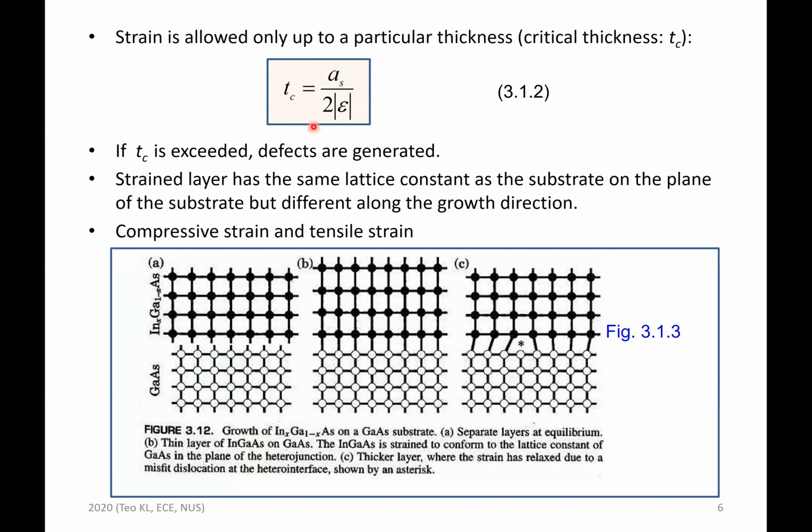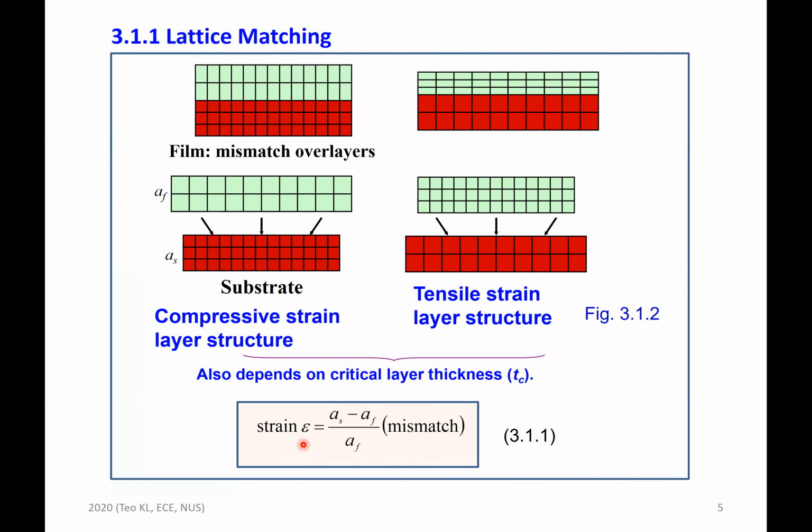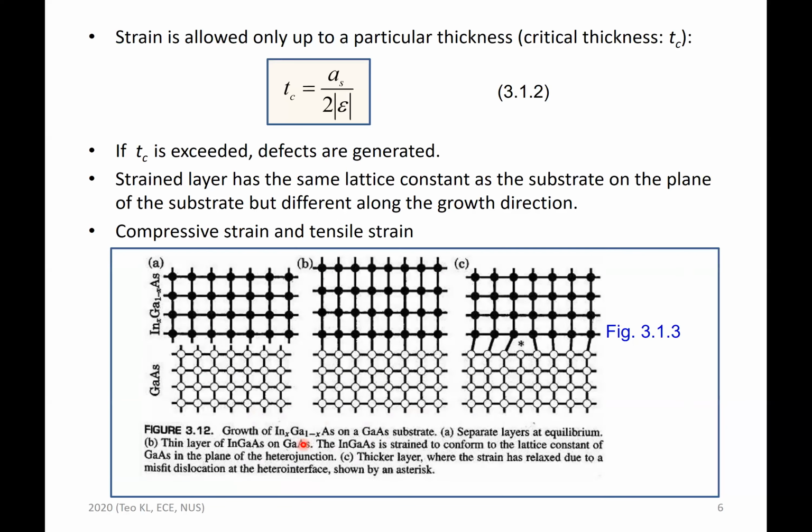In material science, the critical layer thickness will be the lattice constant of the substrate divided by 2 times the modulus of epsilon. So the critical layer thickness will always be a positive value, and epsilon is defined as the strain. If the critical layer thickness is exceeded, you expect defects to be generated.